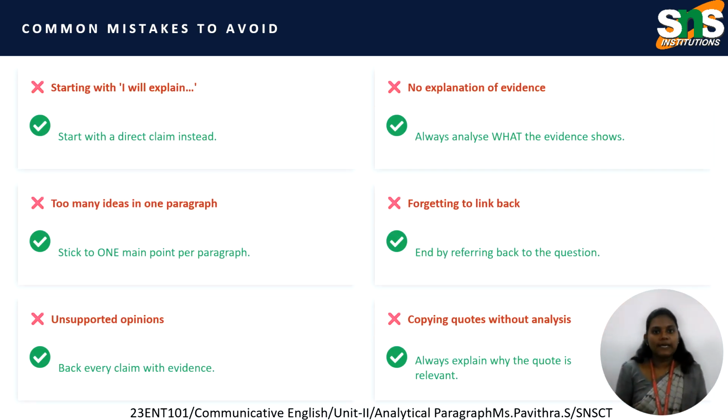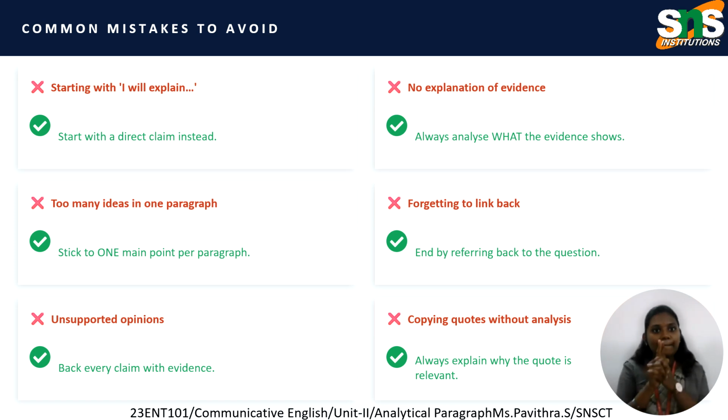Before we wrap up, here are 6 mistakes to watch out for. Starting with "I'll explain." Start with a direct line instead. Giving evidence with no explanation. Always analyze what it shows. Cramming too many ideas into one paragraph.